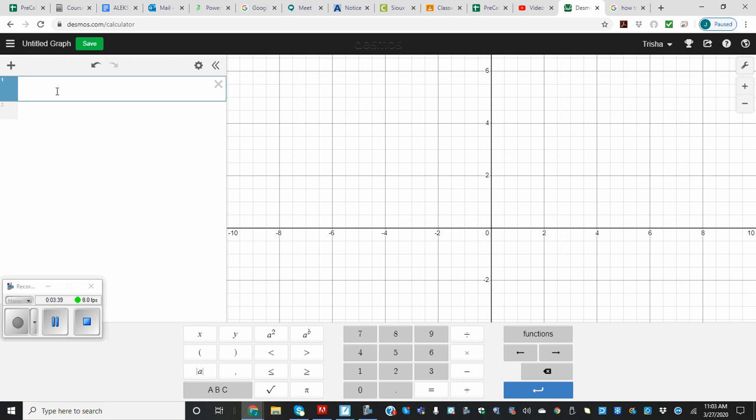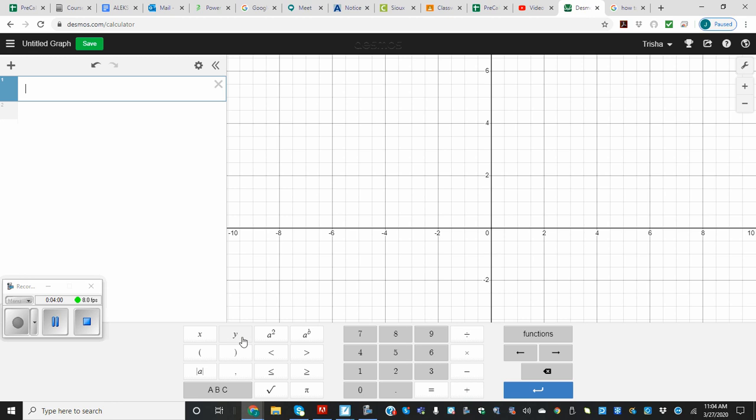Now on an Inspire, I would have to change my mode to parametric. And again, if you have an Inspire and would rather do it on Inspire, you could probably Google that too. I bet you it would go through and tell you how to do that, some YouTube video out there. But again, I have to show Desmos because everybody can do Desmos.